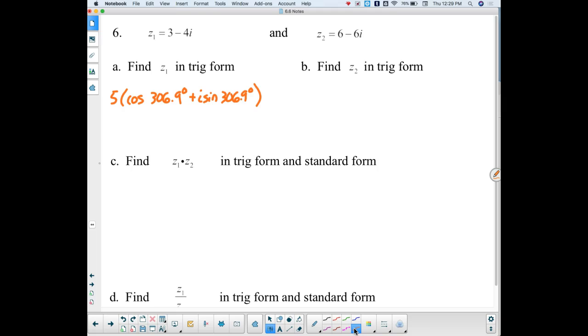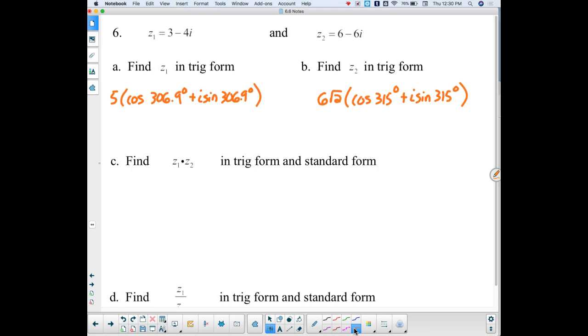And that z sub 2 was 6 square roots of 2 times the cosine of 315 degrees plus i times the sine of 315 degrees. Is that what everybody got for those two in number 6? If not, that's what you should have gotten.